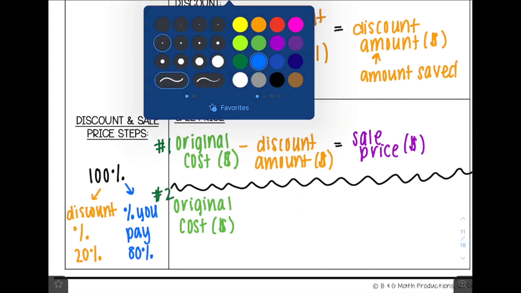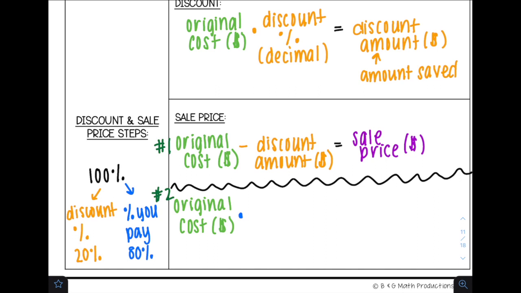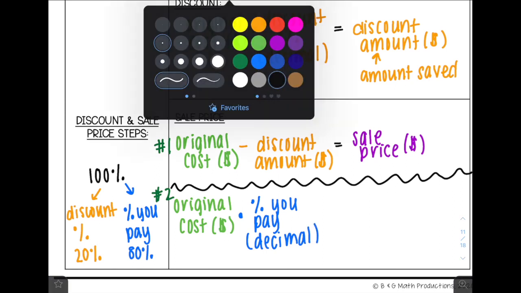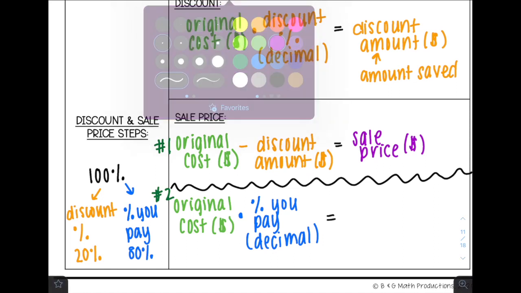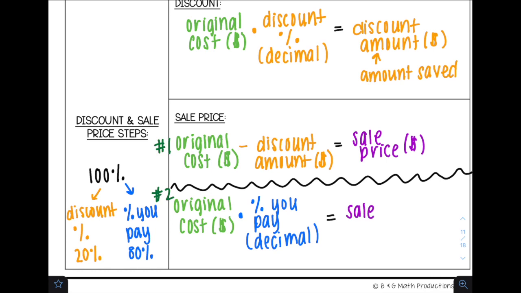You're going to multiply now by the percent you pay, and it's going to be as a decimal because you're multiplying. Again, you can use proportions. You don't have to convert into a decimal. That is going to go straight into giving you your sale price. And I'm going to show you in some of the examples that we do.